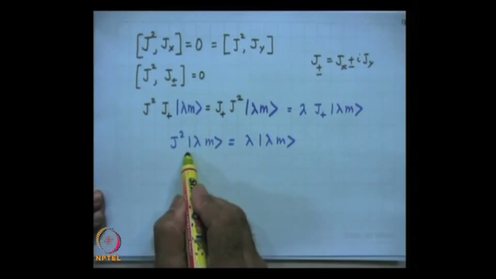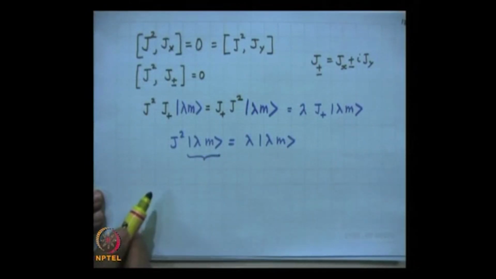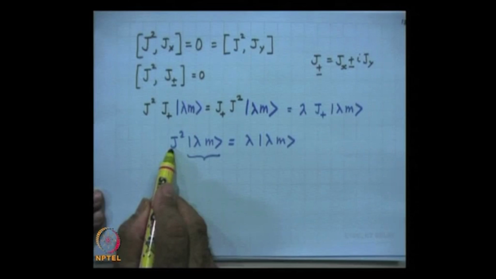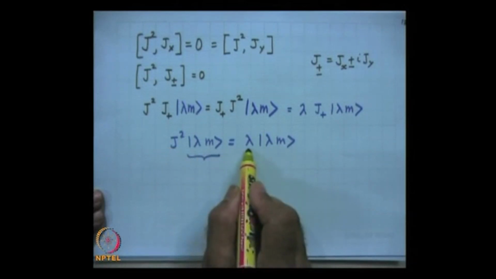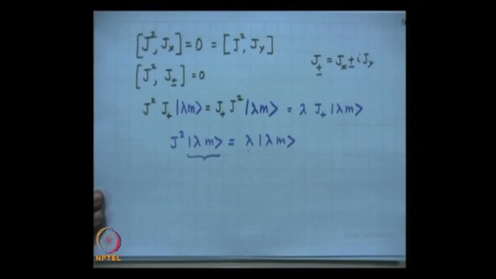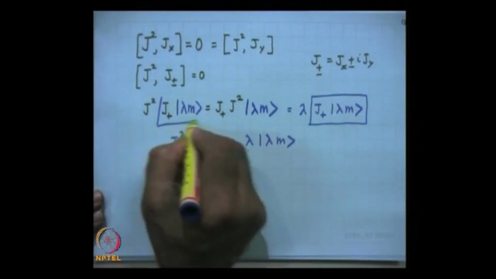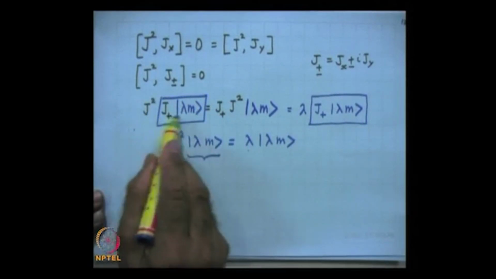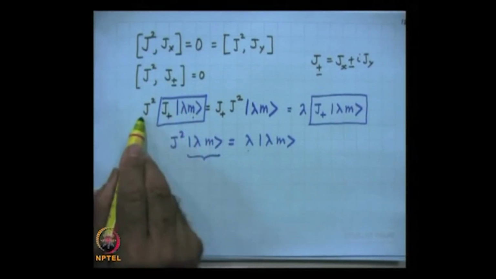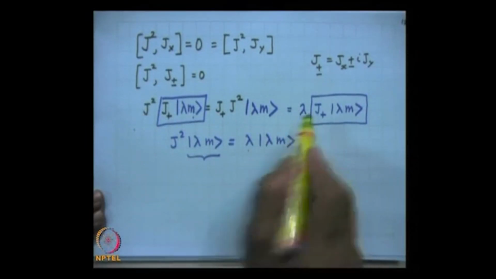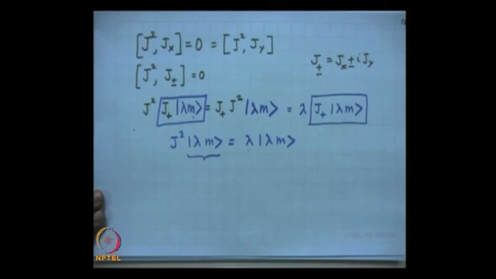Thus, if ket lambda m is an eigenket of the operator j square belonging to the eigenvalue lambda, then j plus ket lambda m is also an eigenket of the operator j square belonging to the same eigenvalue lambda. So, we must expect degeneracies.